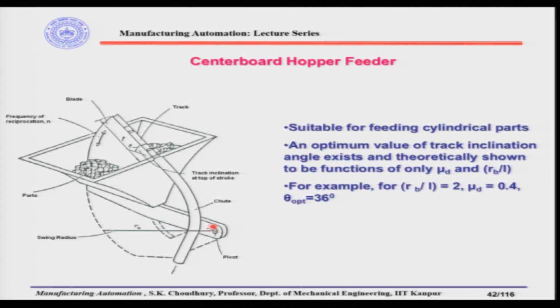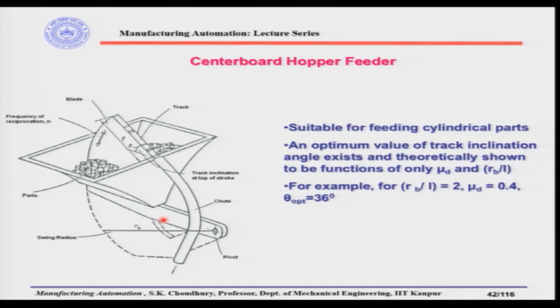Now, here there is one very important aspect that has to be taken care of. The blade which is reciprocating goes up and comes down. If the acceleration is very high, then at the top of the blade, the parts located on the track will be thrown out.